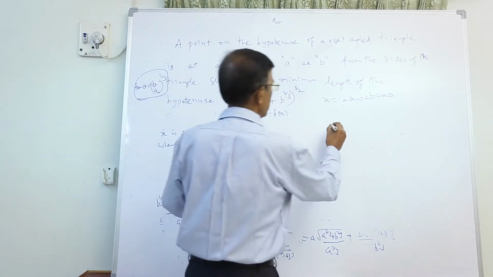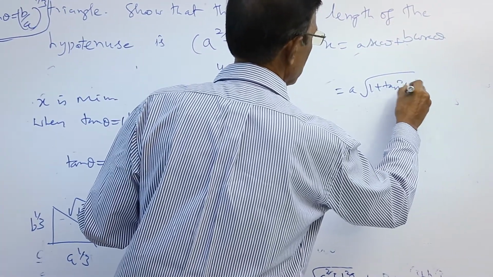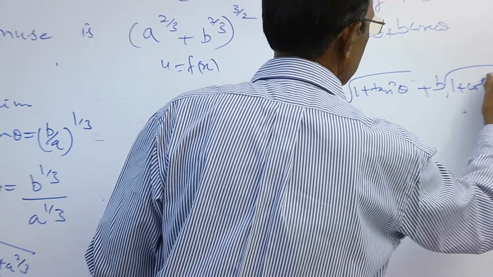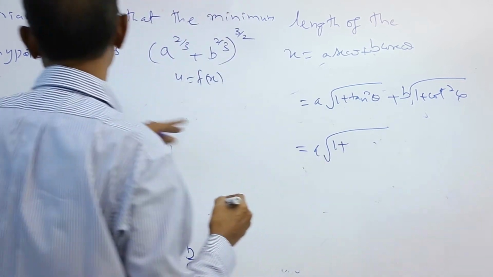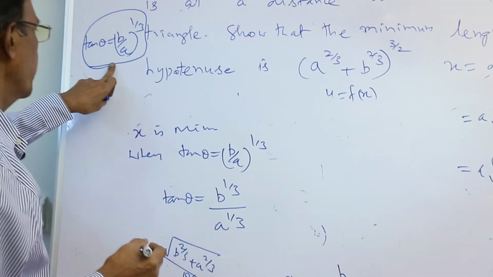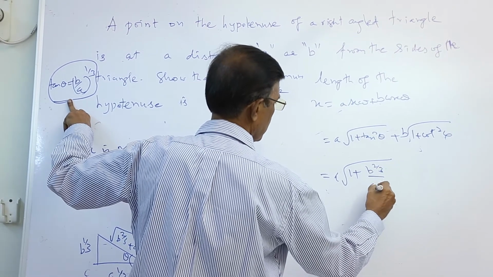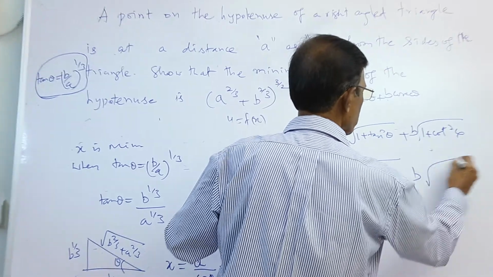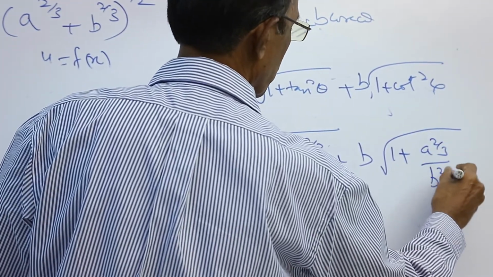So this becomes a into root of 1 plus tan squared theta, we know that, plus b into root of 1 plus cot squared theta, that is equal to a into root of 1 plus, already you have calculated tan theta is equal to b by a, that becomes b power 2 by 3 and a power 2 by 3, plus b into, this becomes 1 plus a power 2 by 3 divided by b power 2 by 3.